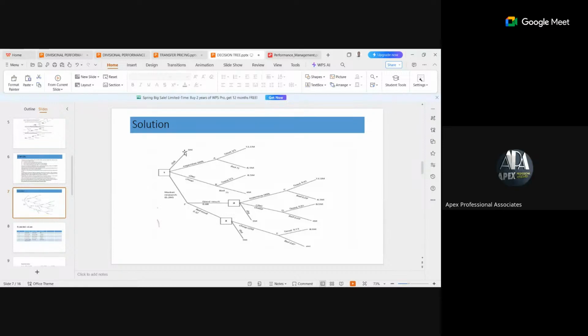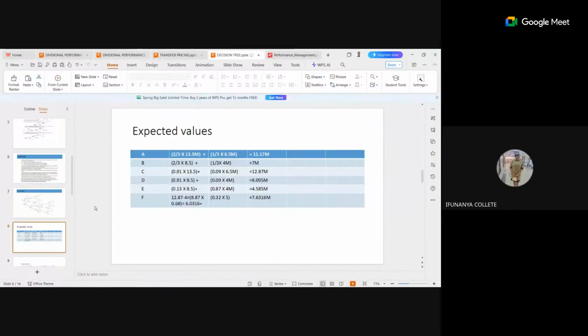Now, when it comes to expensive refurbishment, the expected value is 11.17 million, right? Yes, sir. Good.